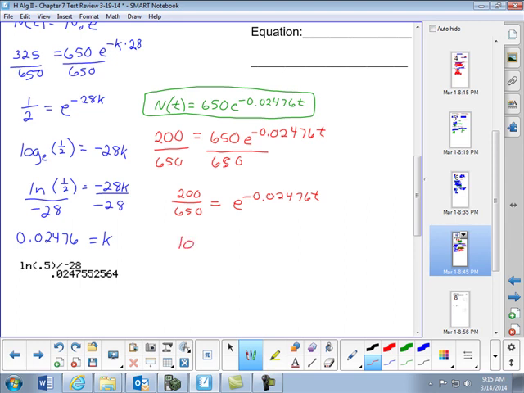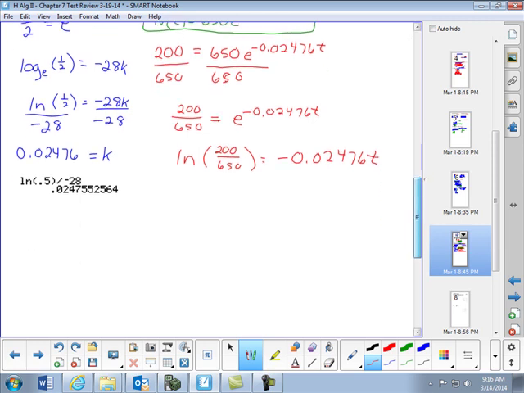So it's again log base e, which I'm just going to say, hey, we know what log base e is, so I'm going to erase that. It's not log base e, it's the natural log, log base e, natural log of this, which is 200 over 650 equals negative 0.02476 t. Okay, still trying to get t by itself.